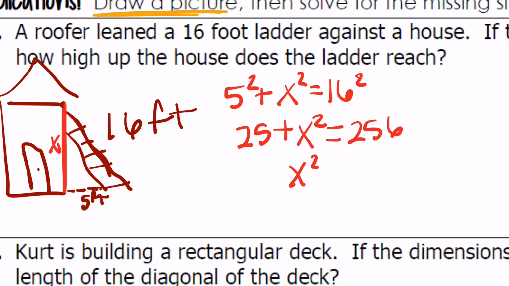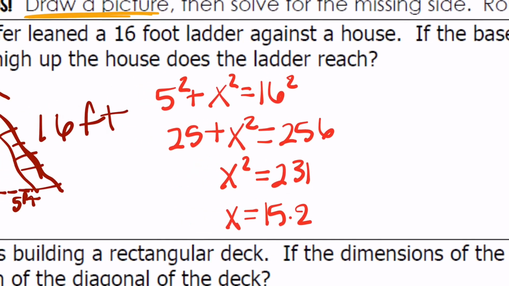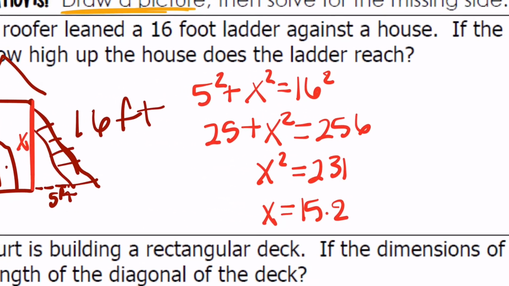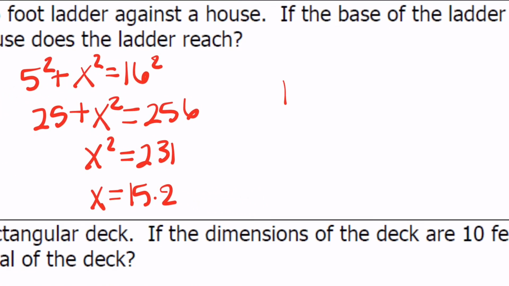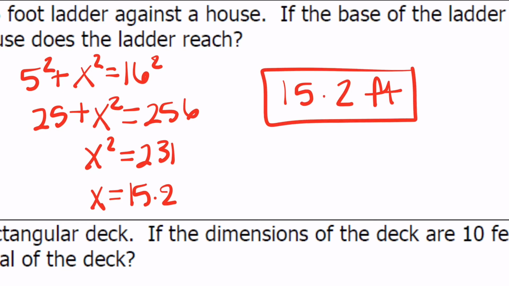So then x squared equals 231, leaving x equal to 15.2. Okay. So how high up the house does the ladder reach? 15.2 feet.